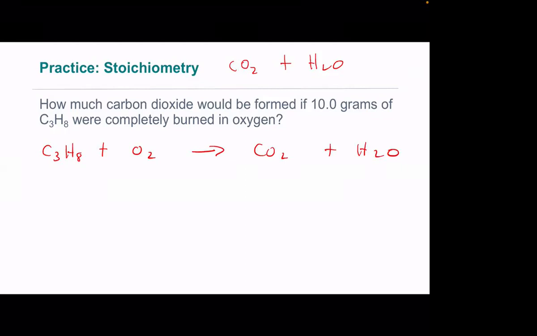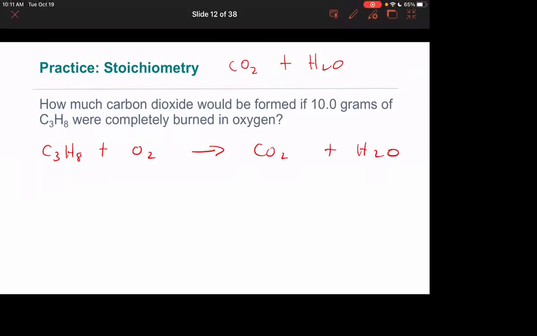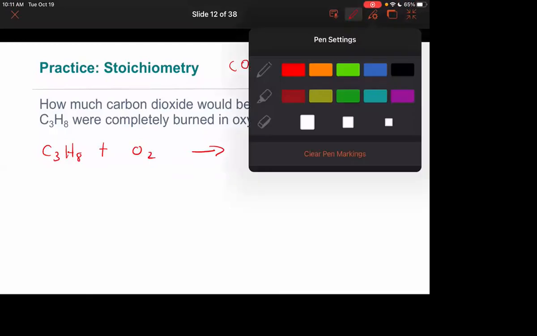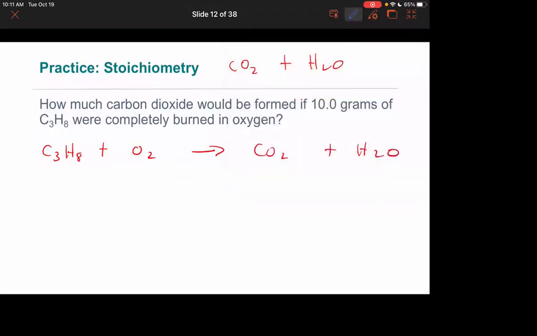Now the carbon's only in one place, so why don't we just put a 3 out in front of the CO2 here. And of course we need 8 hydrogens, so I put a 4 here. That gives me 10, right? Oxygen. You agree? Put a 5 here.